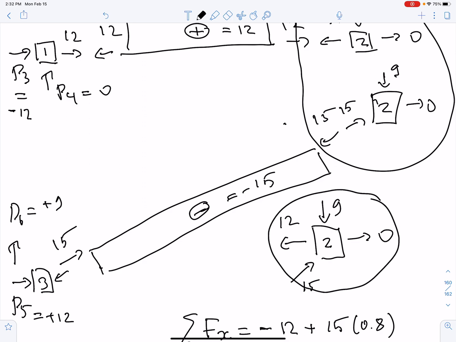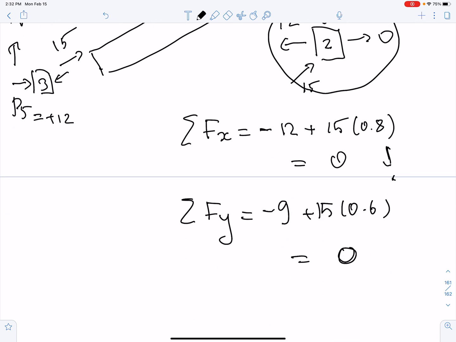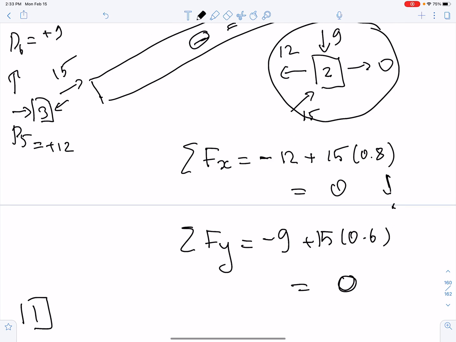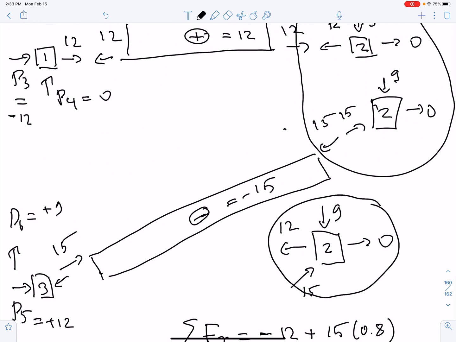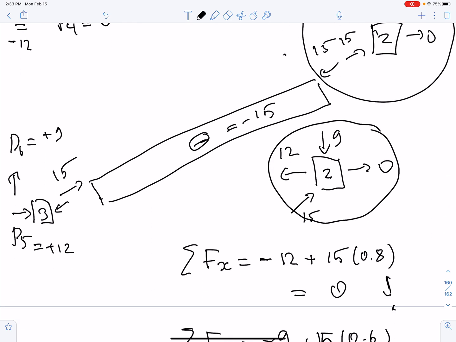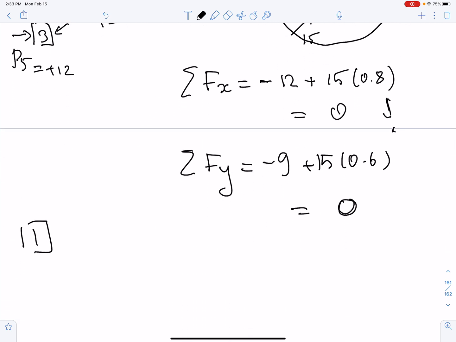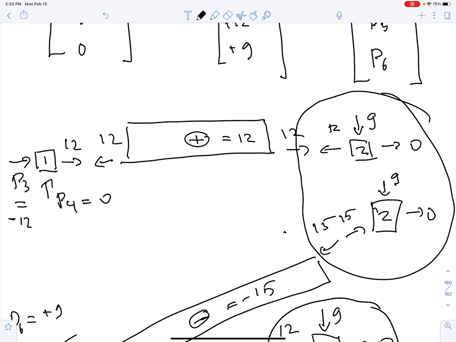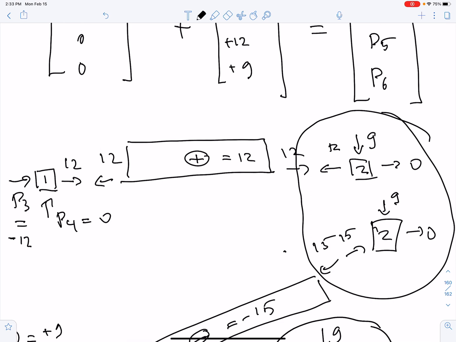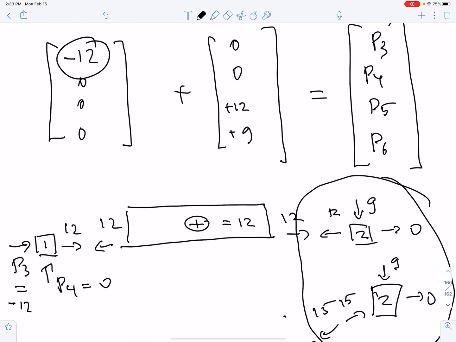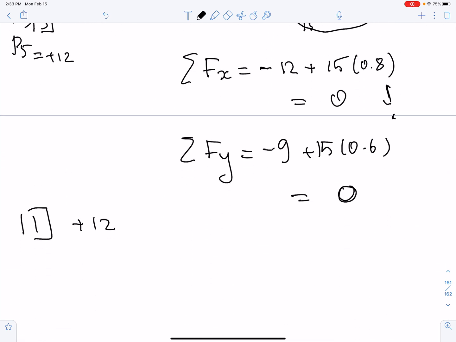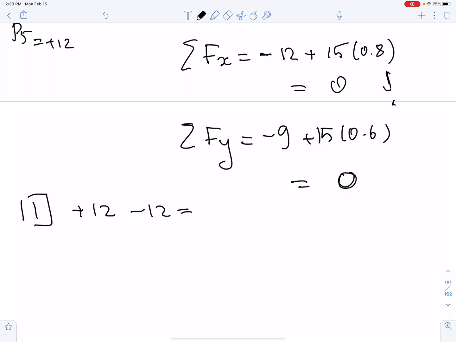Right? Okay. Let's look at node 1. So in the x direction, right, I have 2 forces acting. Plus 12, right, from the force that's developed in the structural member, and minus 12, which is P3, equals 0, which is exactly the sum of forces in the x direction here.